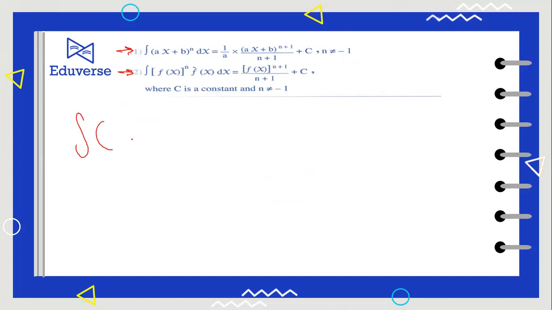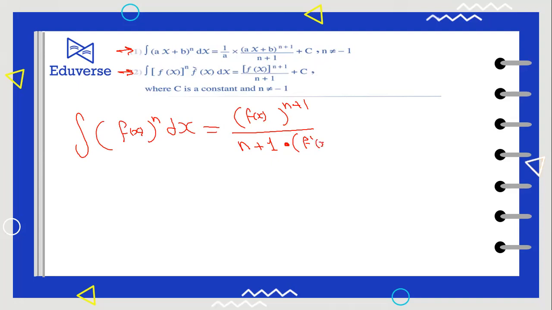If the integration of a bracket to power n is all there is, then make the bracket to power n plus 1 over the new power, multiplied by the derivative of the inner bracket, if here is f of x, plus a constant.